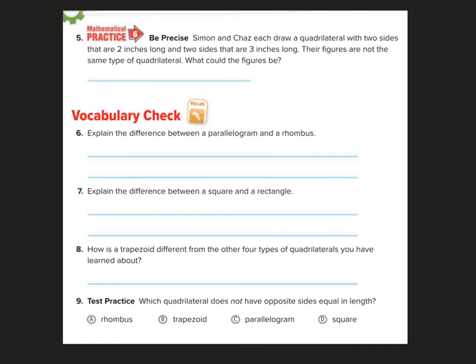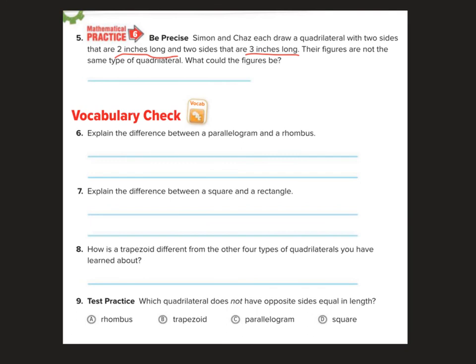Simon and Chaz each drew a quadrilateral with 2 sides that are 2 inches long and 2 sides that are 3 inches long. Their figures are not the same type of quadrilateral. What figures could they be? So we know that opposite sides are the same, but we don't know anything about the angles, but it didn't say that it could not be different types of angles.